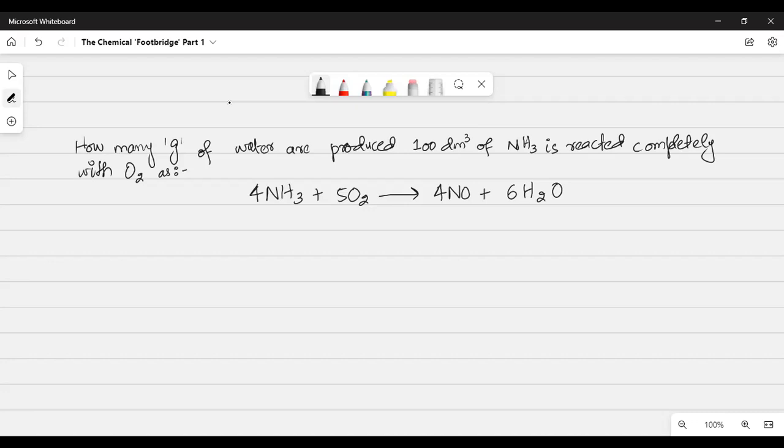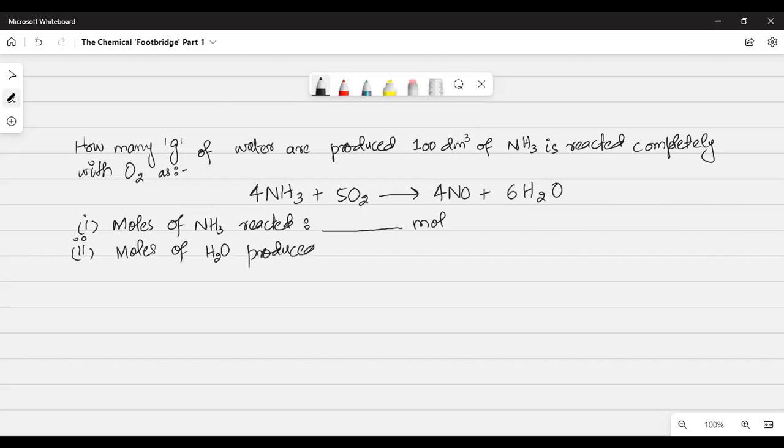Remember, you have to do 3 steps, and I'm going to write your steps for you. Number 1, you need to find out moles of ammonia reacted, and your answer would come out in the unit of moles. Number 2, the second step you're going to do is to find out moles of H2O produced, and that answer is also going to be in moles.